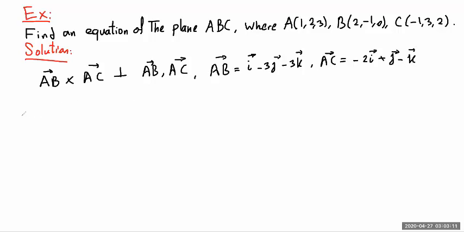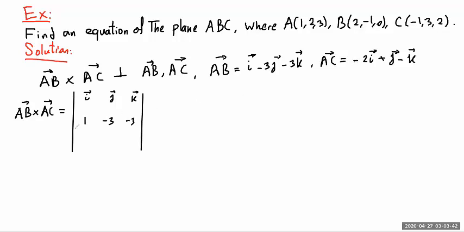So let's calculate the cross product AB cross AC by writing the determinant, which is equal to the determinant of i, j, k. Then the vector AB is given by 1 minus 3 minus 3, and the second vector AC is minus 2, 1, minus 1.